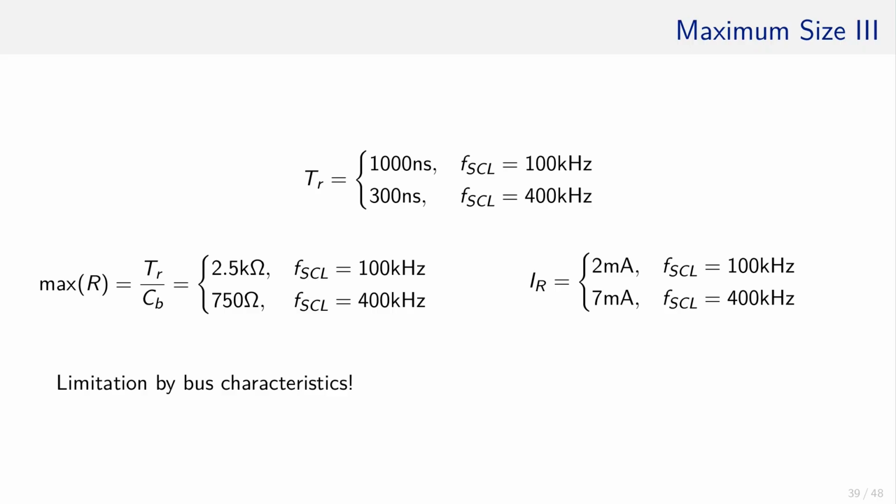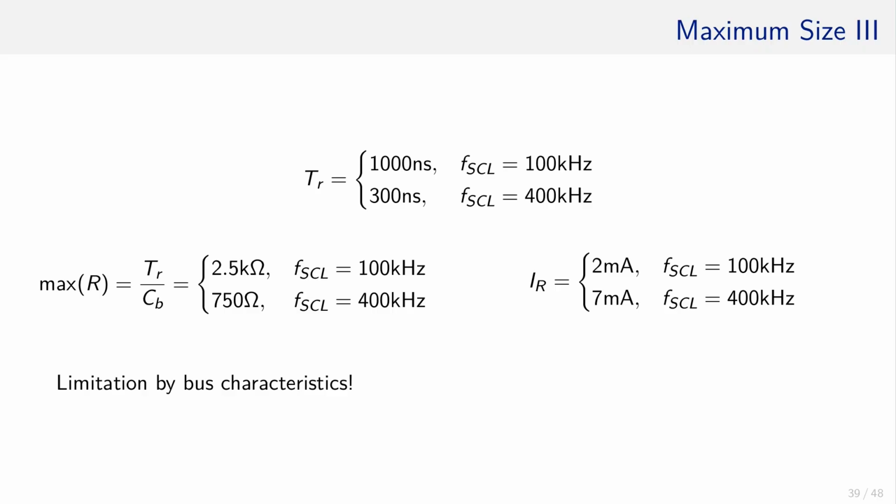That is below the minimum resistance of 1.5 kilo ohm that we computed earlier. Also, having a look at the current of a 750 ohm resistor connected to a 5 volt source, you see that 7 milliamps will go through it. However, the pin can sink only 3 milliamps without damaging itself. So the physical constraints are violated.